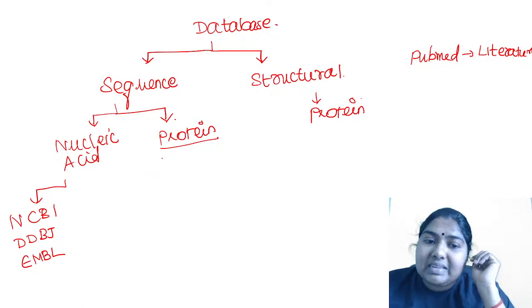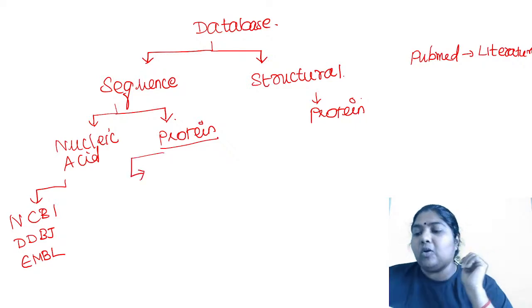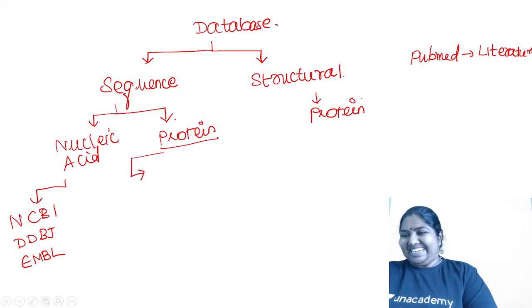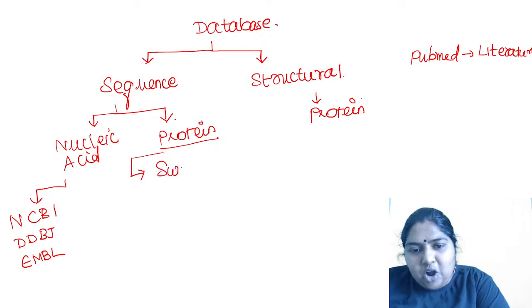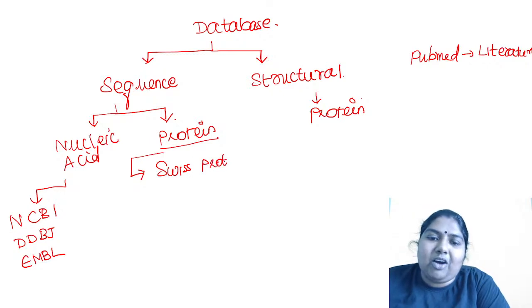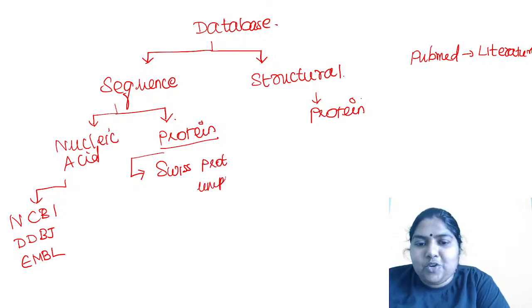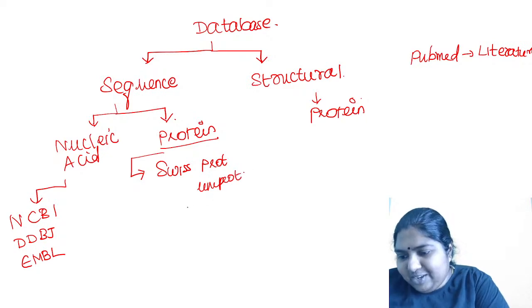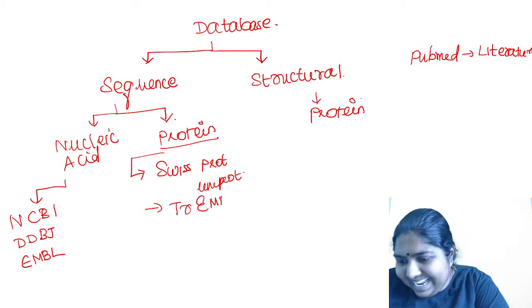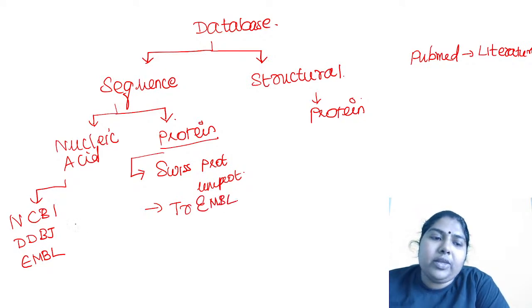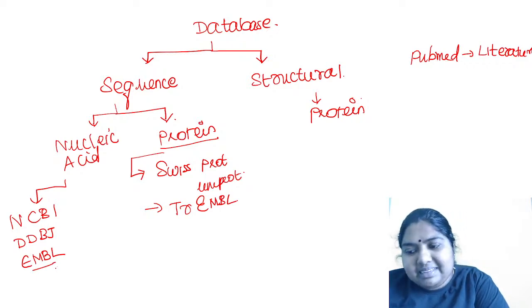As far as the protein is considered, what will be the sequence database of protein? You have your very old friend, Swiss-Prot. This has now been split into new names like UniProt. So that is going to be Swiss-Prot or UniProt, and TrEMBL. Already EMBL, the European Molecular Biology Laboratory, is there for nucleic acid.